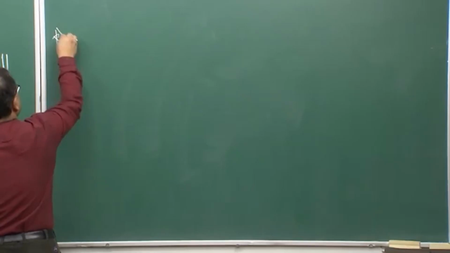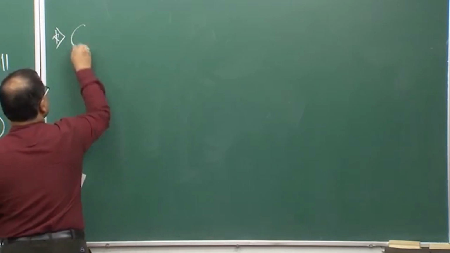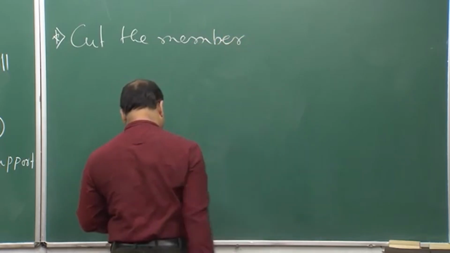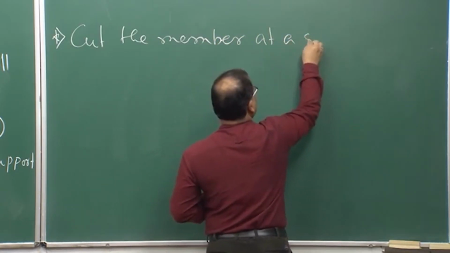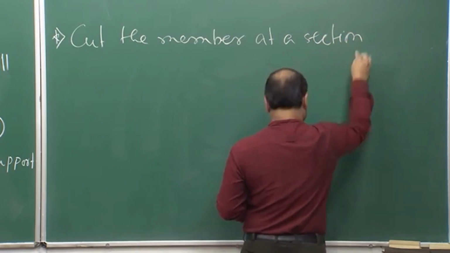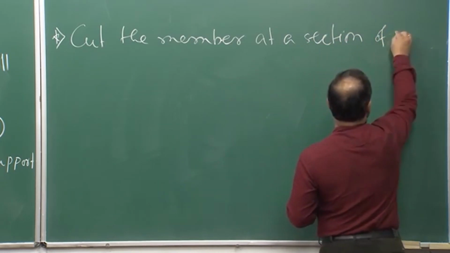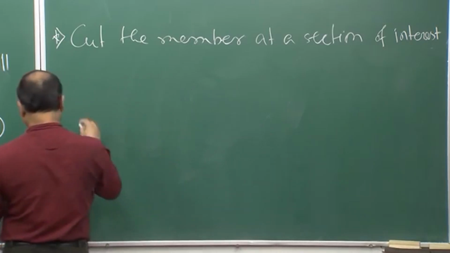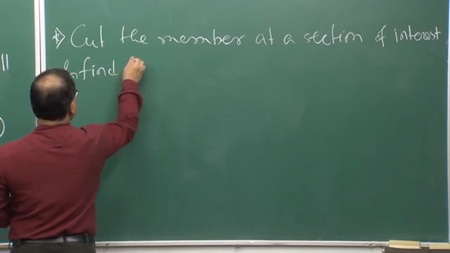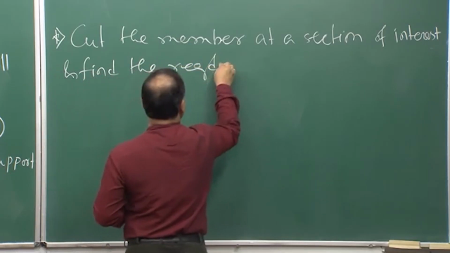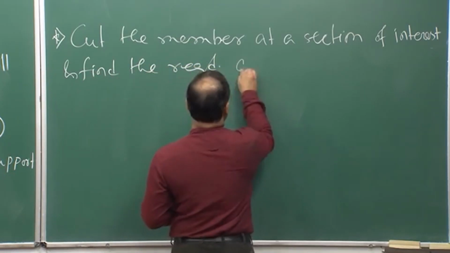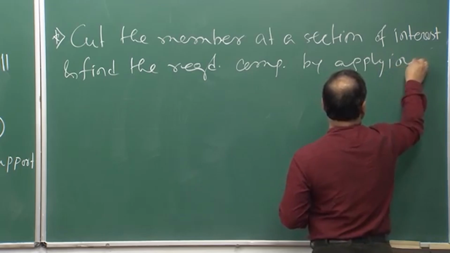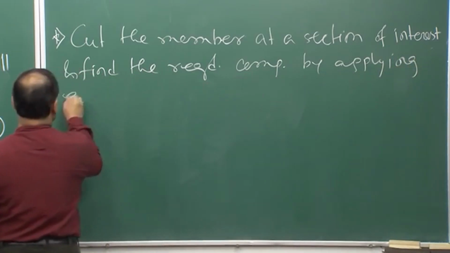And the third step, that is the last step: cut the member at a section of interest and find the required component by applying the equilibrium condition.